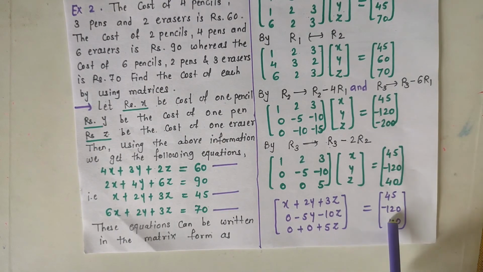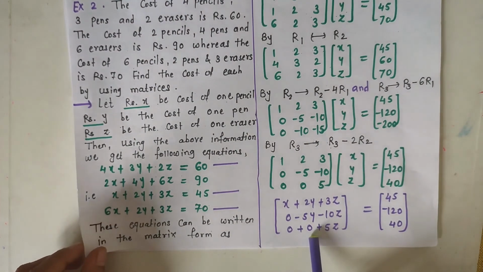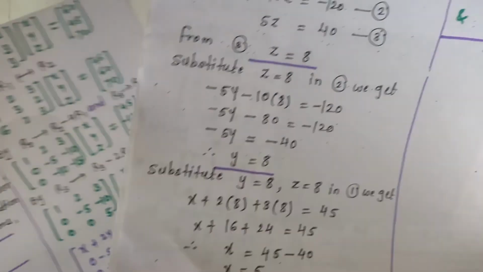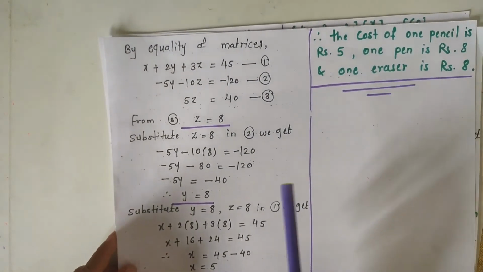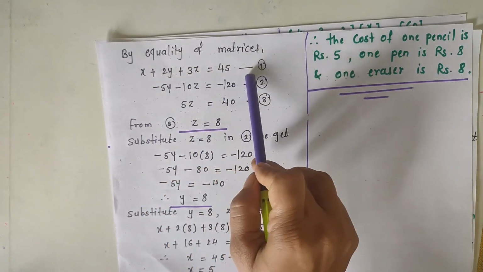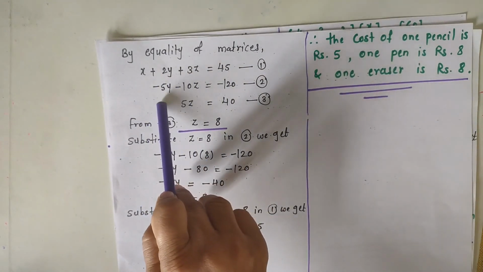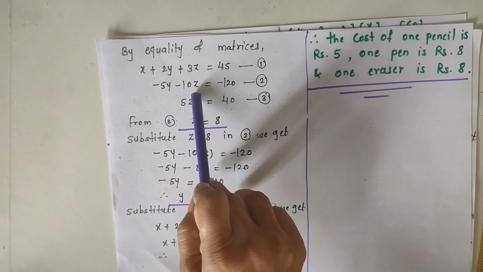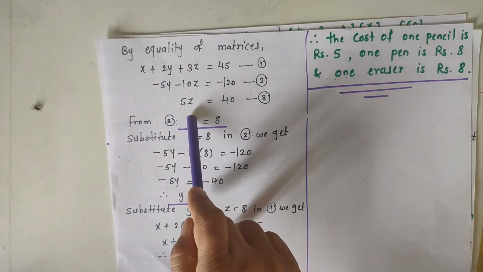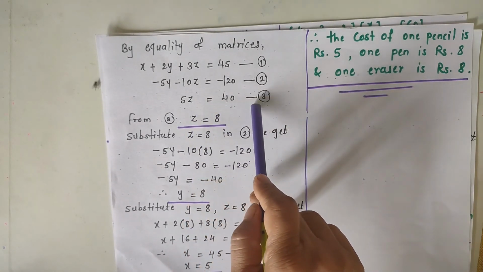By equality of matrices, we can write these equations: the first equation is x plus 2y plus 3z is equal to 45; the second equation, minus 5y minus 10z is equal to minus 120; and the third equation, 5z is equal to 40.